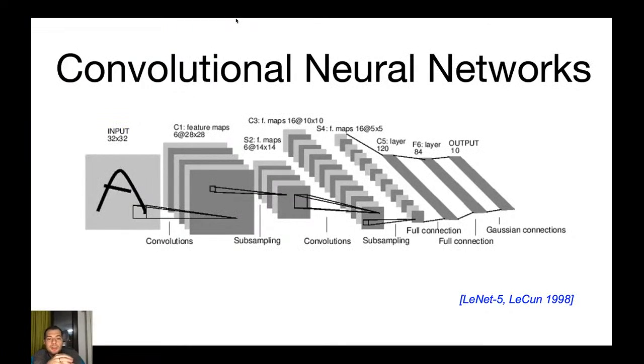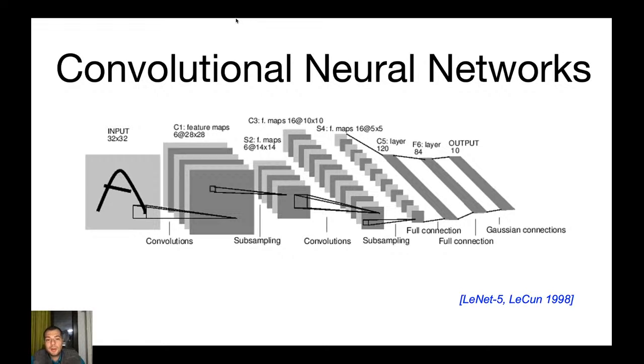This architecture was proposed by Yann LeCun and his co-authors for the MNIST database, and the name of the architecture comes from his name, LeCun, and they called it LeNet. But the name LeNet appeared later than the paper was proposed.